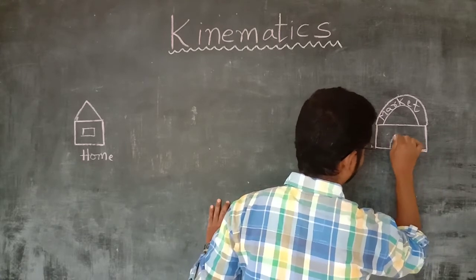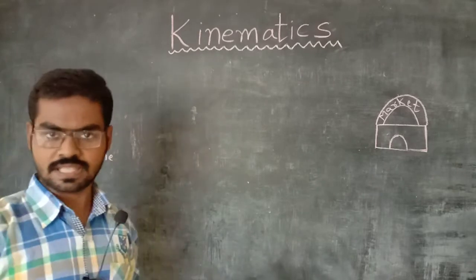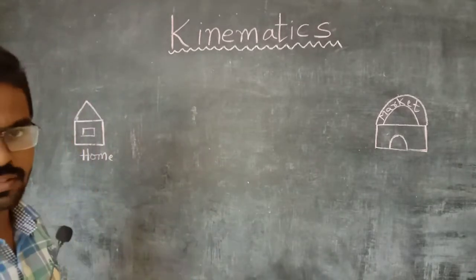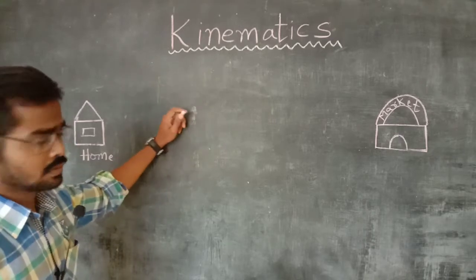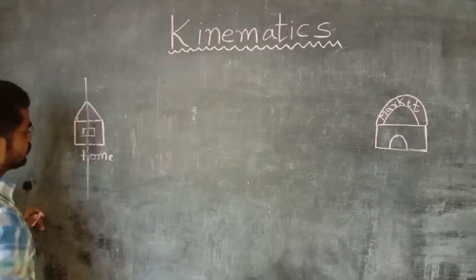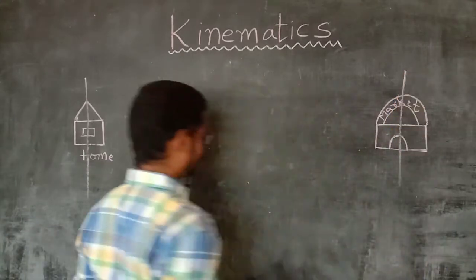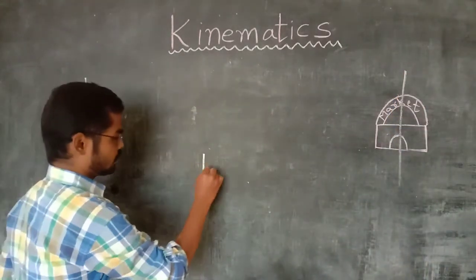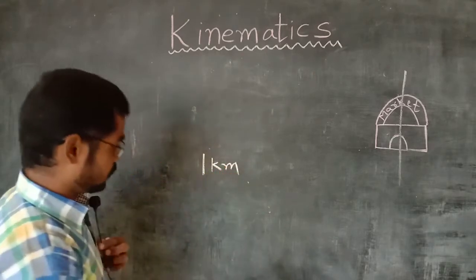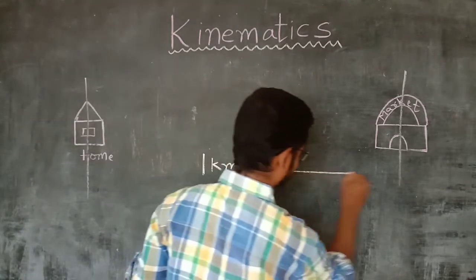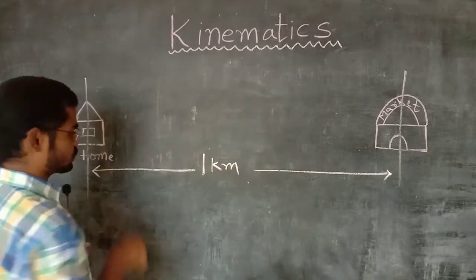So what will we do now? We will assume the distance or path length from his home to that market. Let us assume the distance or path length from his home to the market is 1 kilometer. So the market is situated at a distance of 1 kilometer from his house.